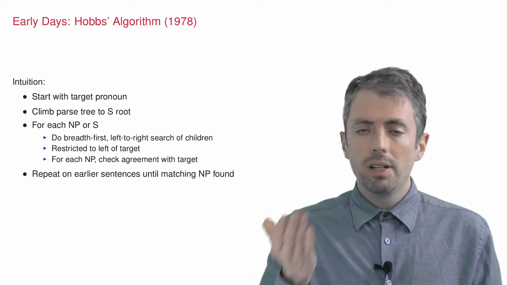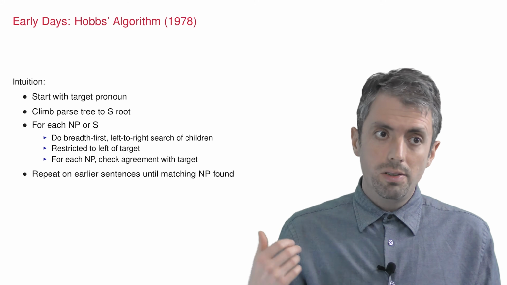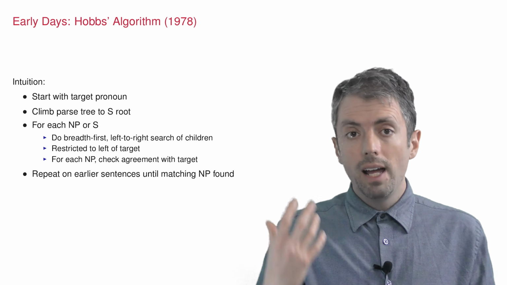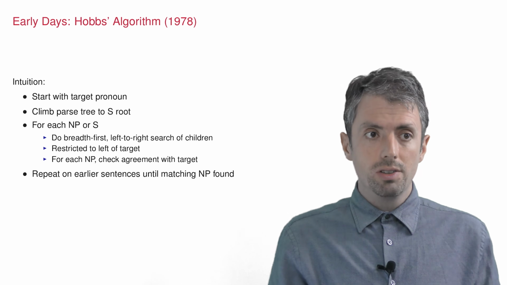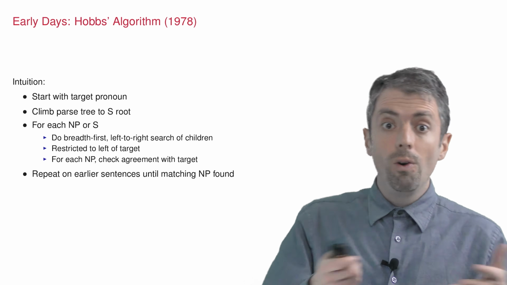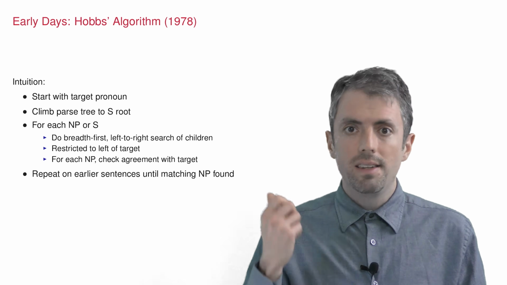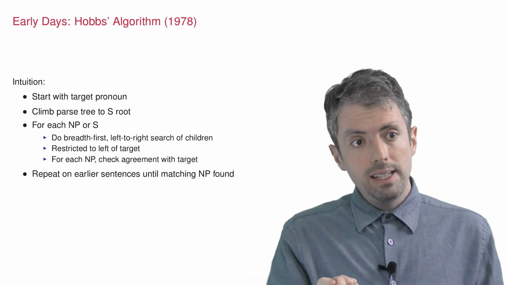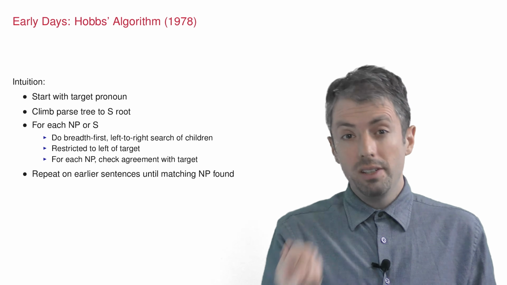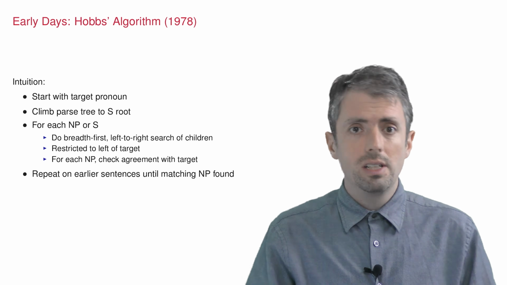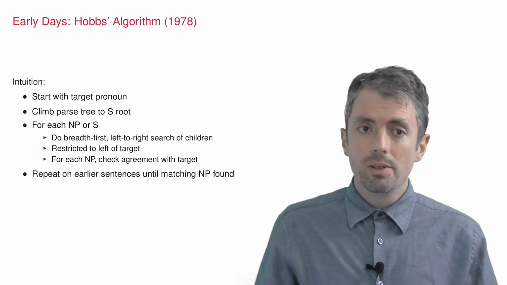You then climb the parse tree until you get to an S, and then for every noun phrase or S, do a breadth first left to right search of the children that are before, i.e. left, of the pronoun. And then for every noun phrase that you find, check whether it could possibly agree with the target in terms of selectional restriction, number, gender, whatever you can think of.